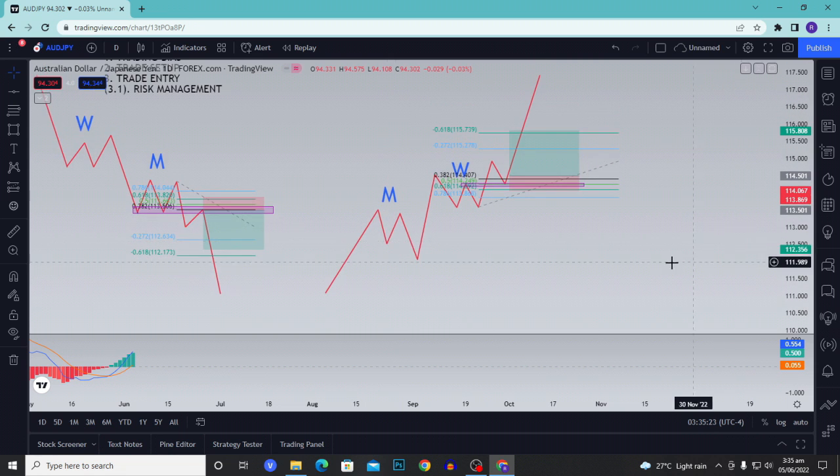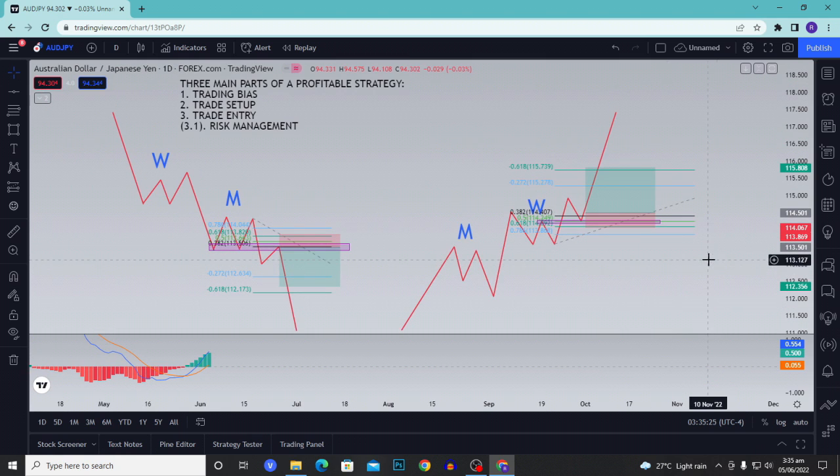Same thing. The second difference now is that instead of looking for a 1-to-1 risk to reward ratio from the entry point on the W setup for the downtrend and the M setup for the uptrend, instead of looking for a 1-to-1 ratio between the entry and the neckline for the M and W, we just take the trade and go for a 1-to-3 risk to reward ratio off the bat.